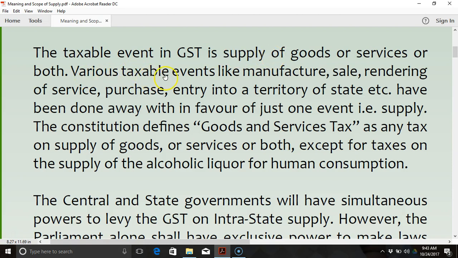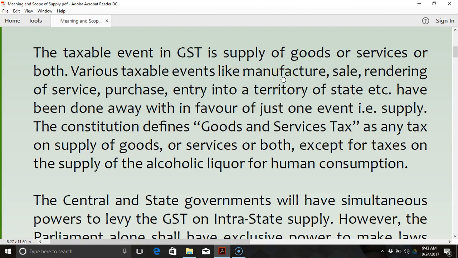Now, various taxable events like manufacture, sale, rendering of service, purchase, entry into a tax territory of state, etc. have been done away with in favor of just one event, supply. Under each and every indirect tax act, the taxable events differ. For example, in the Central Excise Act, the taxable event is manufacture of goods.